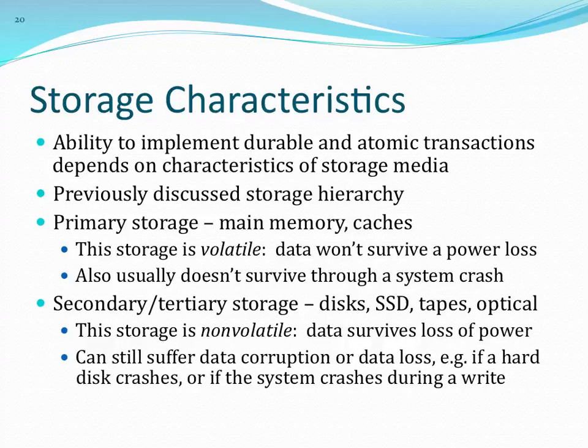Secondary storage tends to be non-volatile. So I write it to a spinning magnetic disk, or I write it to a solid-state drive, or a tape. If you're stuck with tapes, then you could write it to a tape, and it would be non-volatile. Okay? And that is going to survive through power loss. Of course, you can still have other issues, which are important to consider. Data corruption.